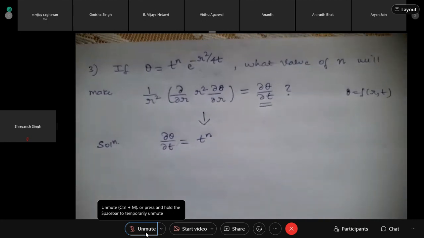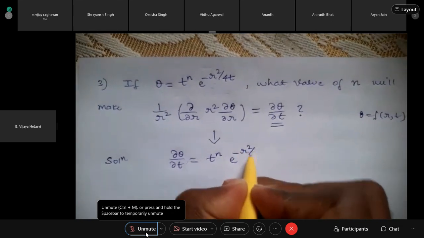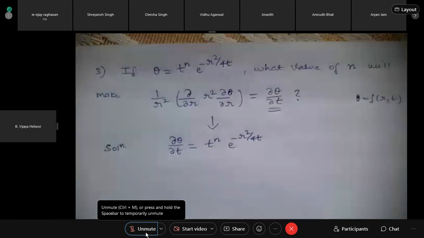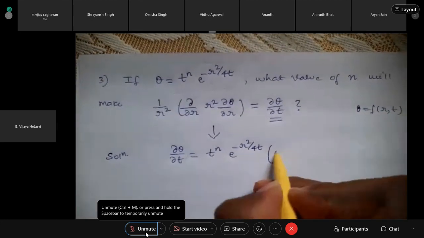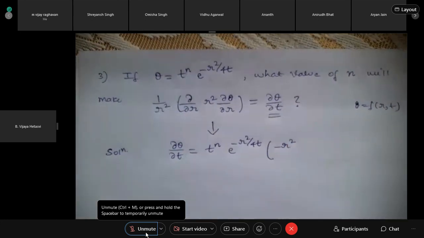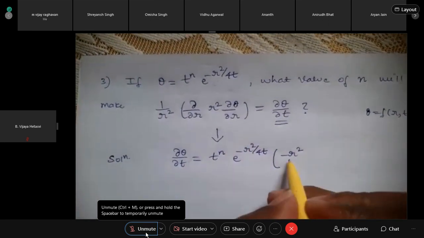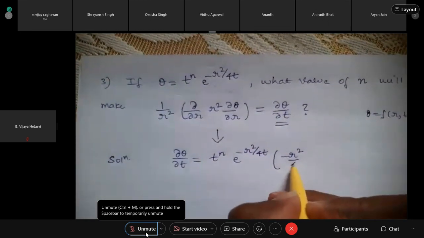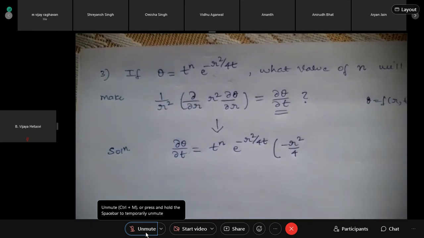The second one is e raised to the power minus r square upon 4t, times the differentiation of the interior term, minus r square by 4t, with respect to t. Here r square by 4 is constant. Am I right? Yes, sir.